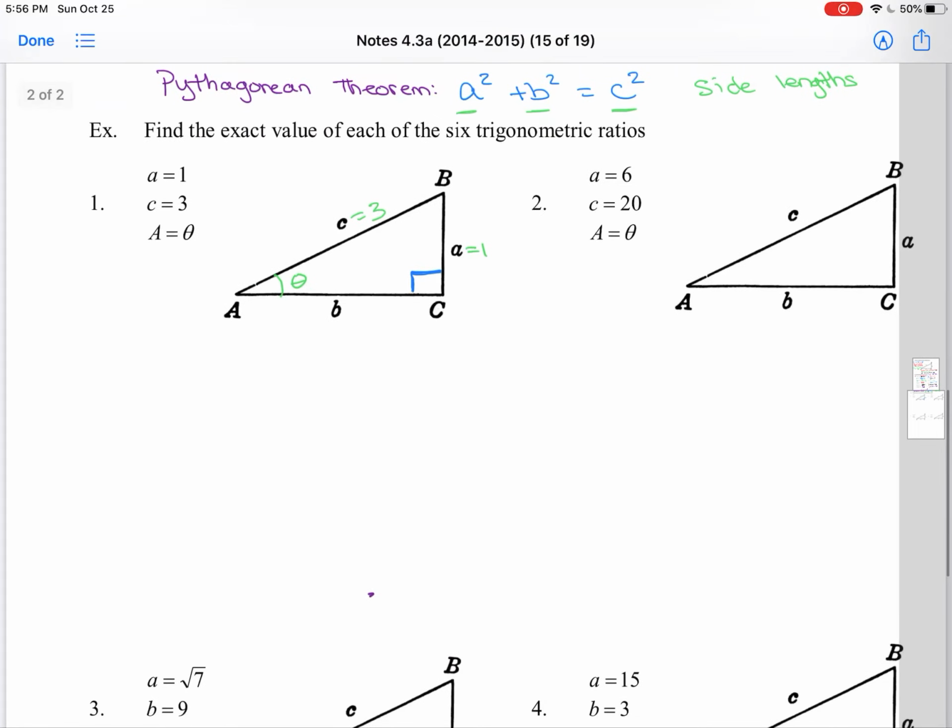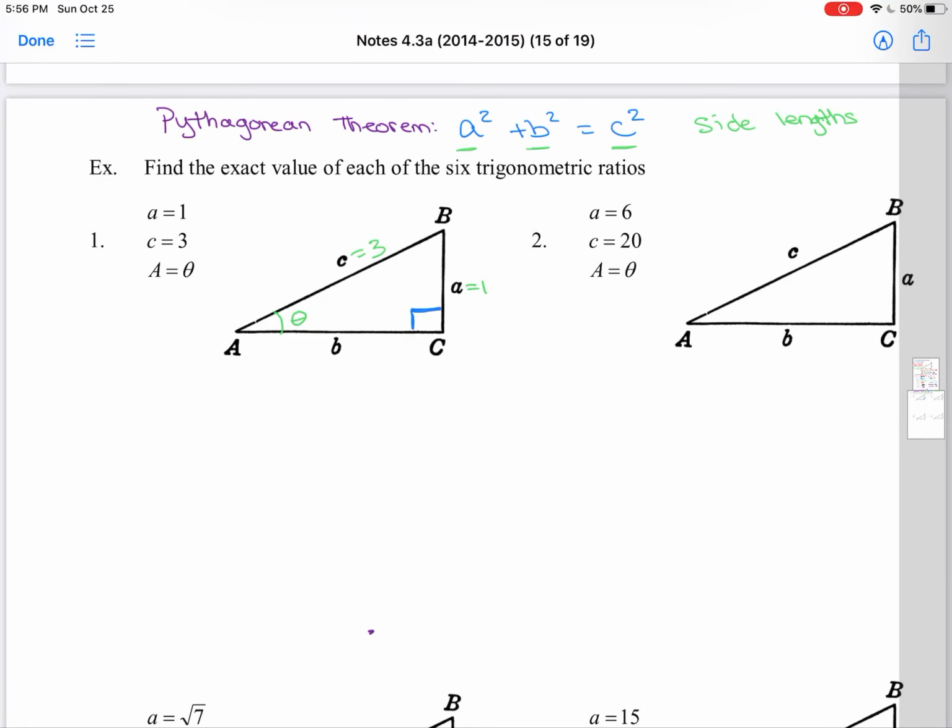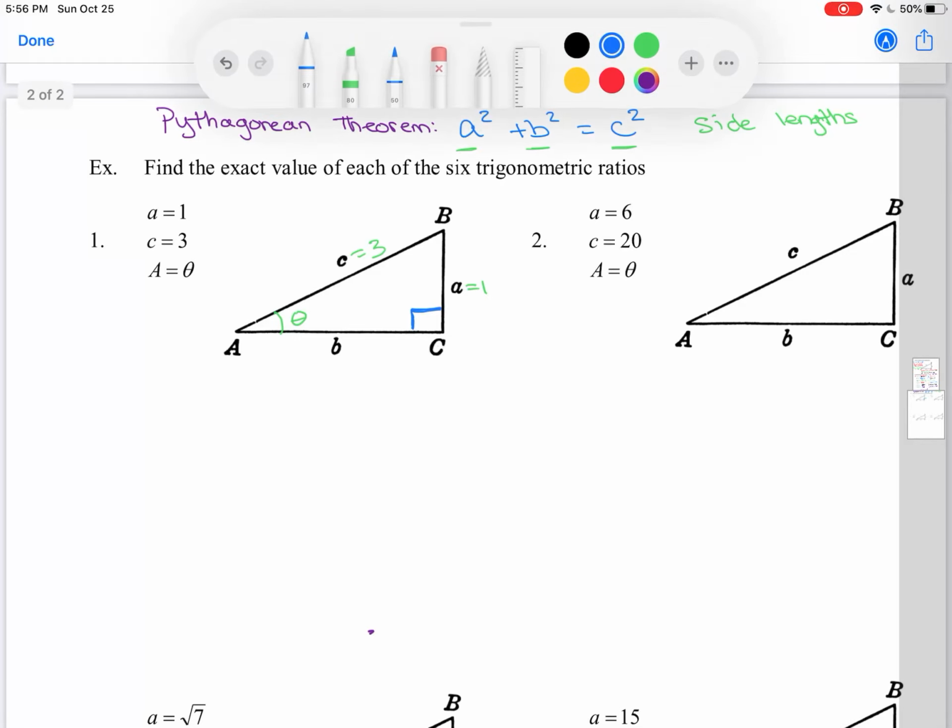All right. Now, I know that I need all of my side lengths: I'm going to need adjacent, I'm going to need my hypotenuse, and I'm going to need my opposite. Take a look at what's not given right this second on this triangle. I have my side length A, I have my side length C, but I do not have my side length B. So before I even get started, I have to figure out what side length B is going to equal.